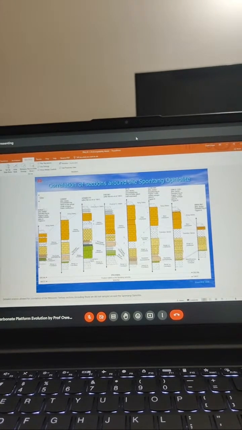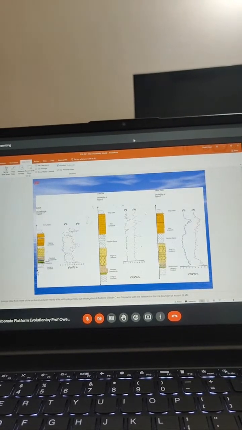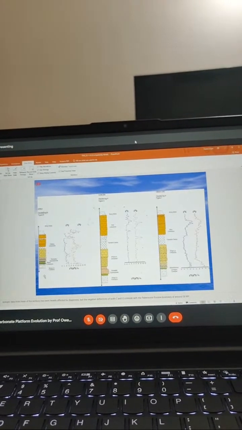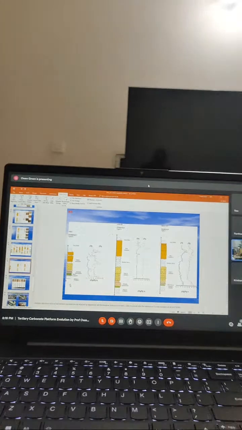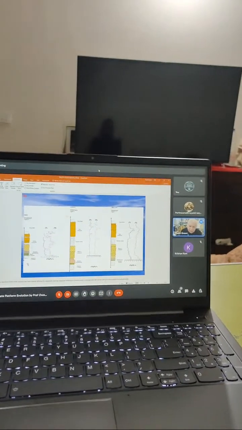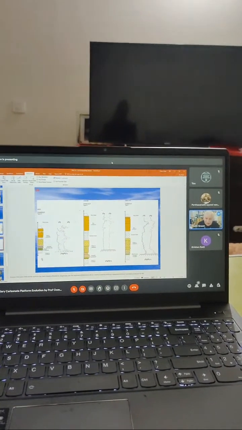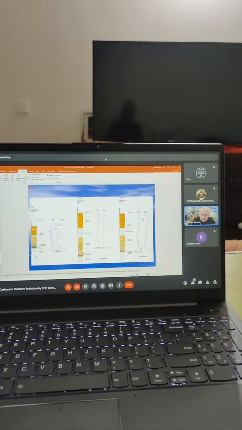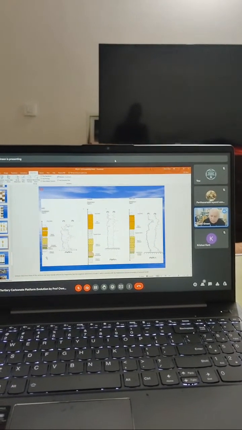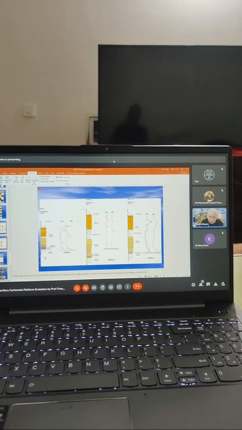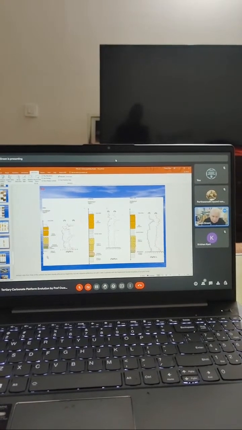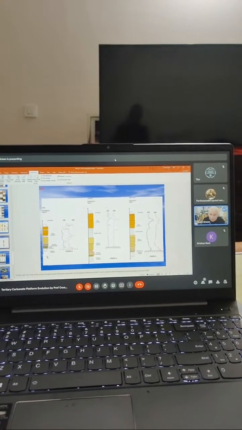We did some, or I did some isotope work from there, but of course, clearly these rocks have been heavily altered, so it's not as clear cut trying to get an isotope signal out of them, because they've all been overprinted with the tectonic processes that are going on.